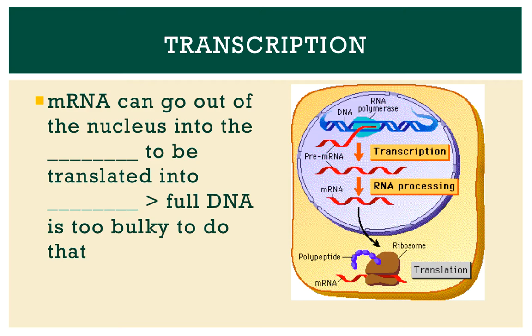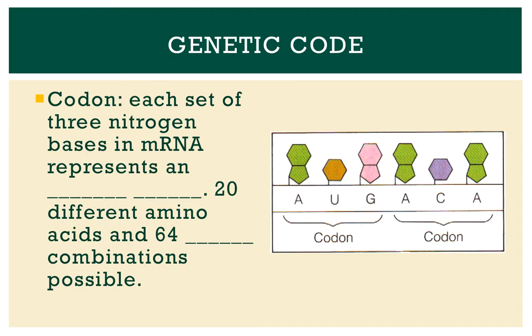So we use messenger RNA to transcribe the information found in DNA, and it is sent out of the nucleus into the cytoplasm where ribosomes are located, and the ribosomes translate the mRNA into proteins and polypeptide chains.